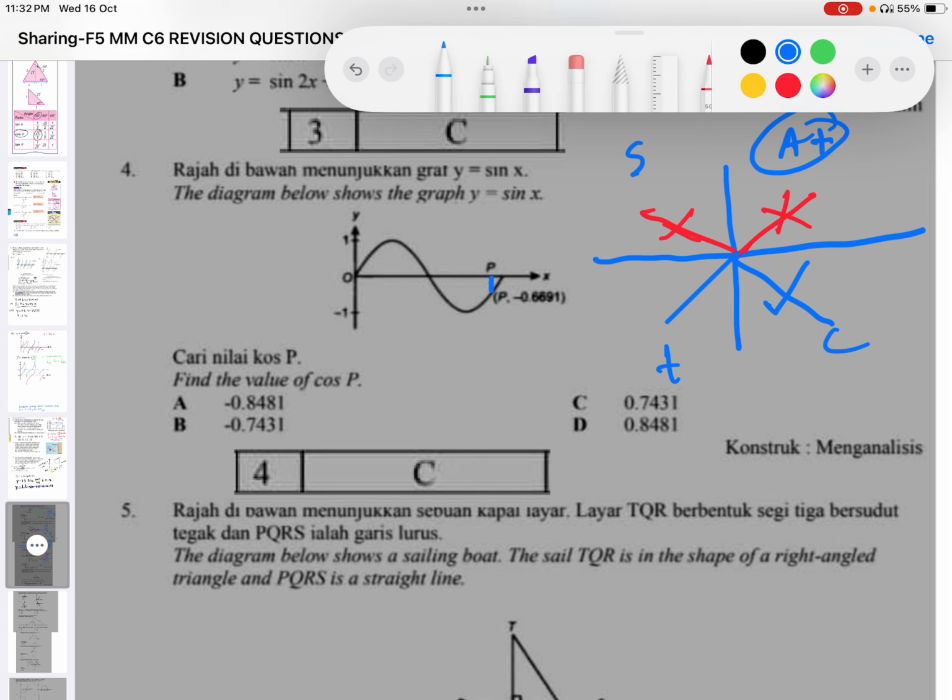So to find the value of p, it would be negative 0.6691. Sorry. Okay, so negative 0.6691 is equals to sine p.